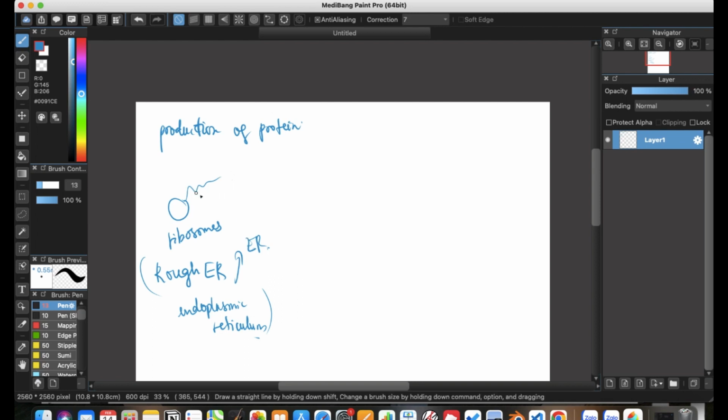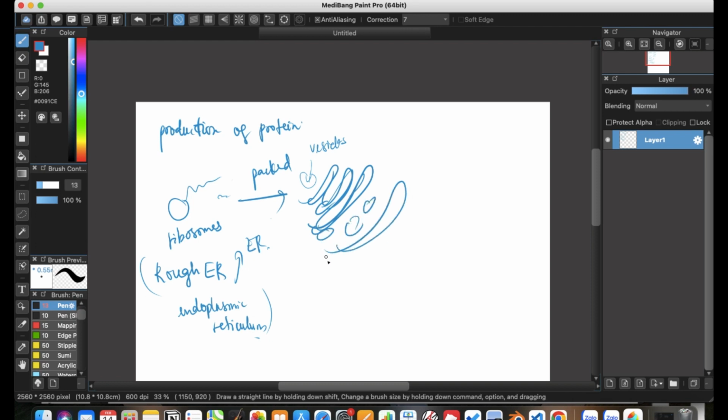And then our protein is going to be what? It needs to be packed before delivering, so it's going to be inside the vesicles. It's going to enter, it looks like sockets, like this. So this is the Golgi apparatus, right?